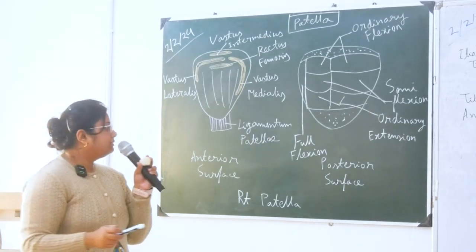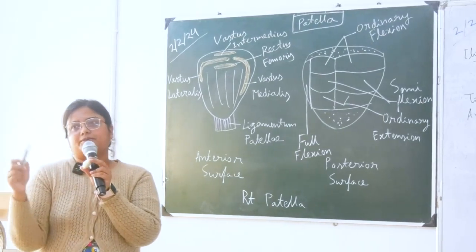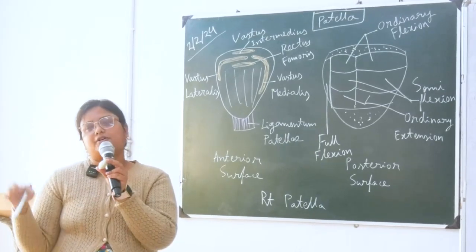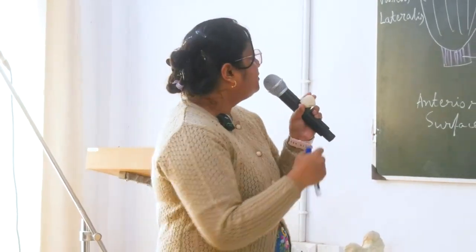There is a natural tendency of displacement to the lateral side, and to prevent this displacement, the extension of the muscle is like this, with attachment over the patella and over the femur.